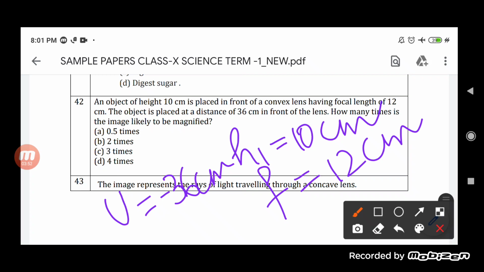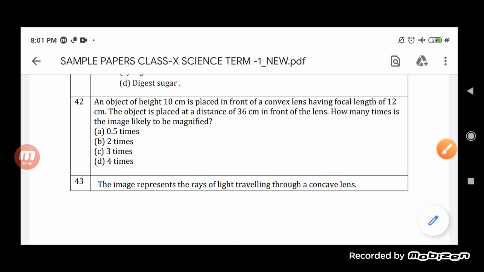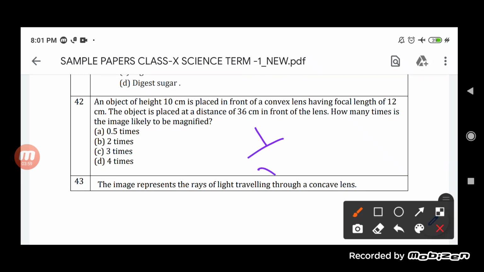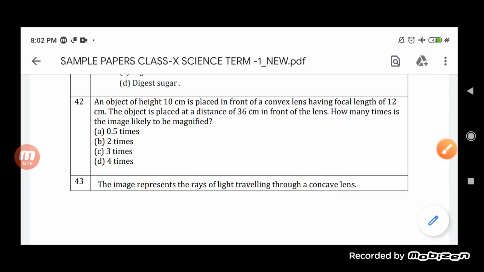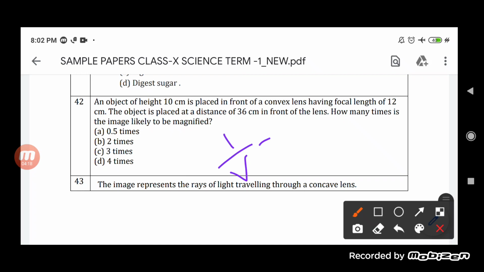For that, first of all, we have to find the value of v. We know the formula 1 by v minus 1 by u is equal to 1 by f. Now we have to find the value of v. 1 by v minus 1 by minus 36 is equal to 1 by 12 centimeter. We can write it in a simple form: 1 by v is equal to 1 by f plus 1 by u, right?